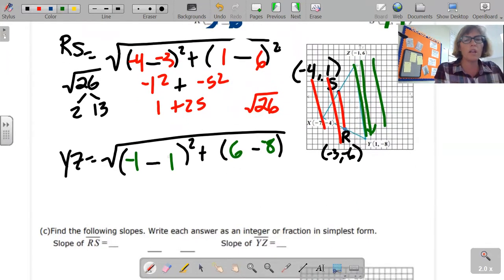This ends up being -2 squared plus double negative makes a positive 14 squared.